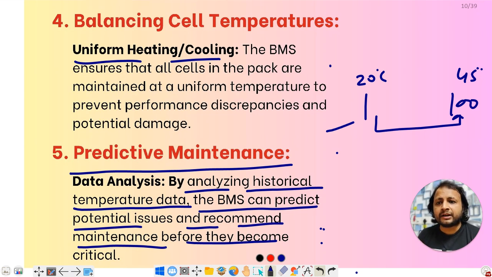So BMS is ensuring with the help of data analysis that this is the time of service, and you should send your vehicle for service. Otherwise what will happen is that we won't go for service on time, at how many kilometers our servicing is due. There is an indicator, and if you get your vehicle serviced on time, then the life span of the vehicle increases.